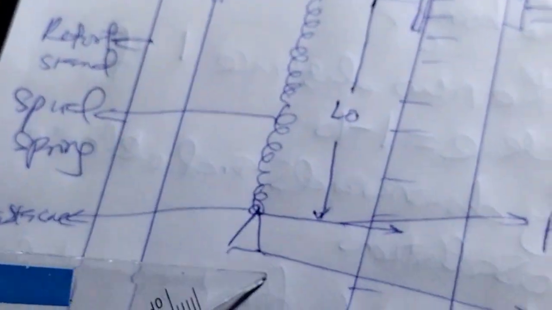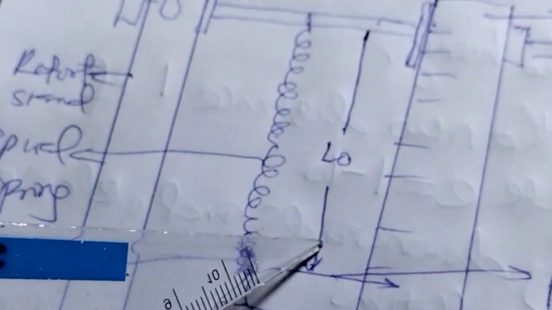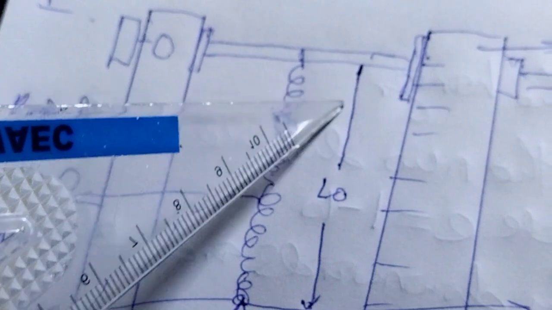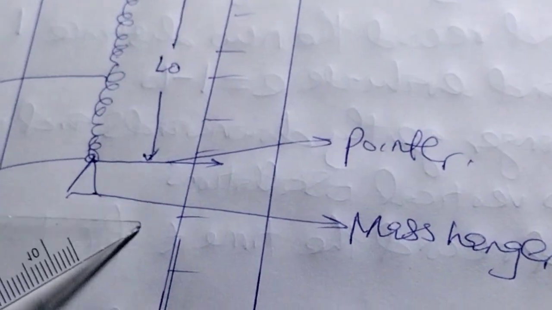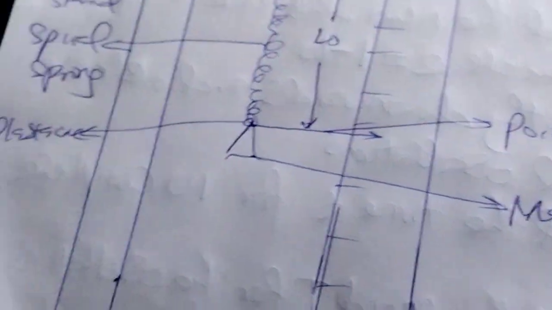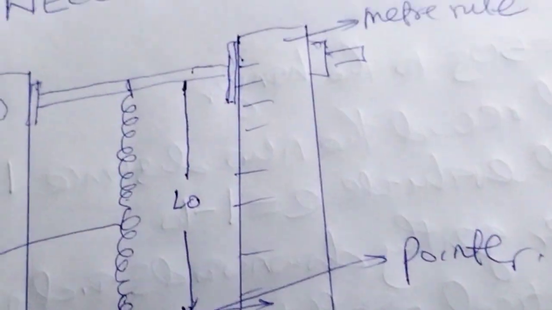We have a mass hanger hanging down there. We have the length, LO. The length represents the length of the spiral spring when it's carrying a mass hanger hung on it. So this is the schematic diagram of question 1.